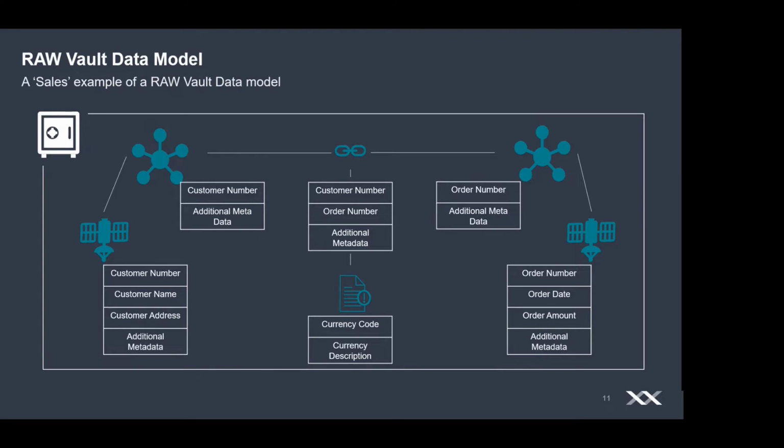The attribute data for each hub and link is then put into the satellite table and is connected to the parent table. And for example, the currency code would be lookup data in a reference table. But this would be basically a very basic example of a raw vault data model.